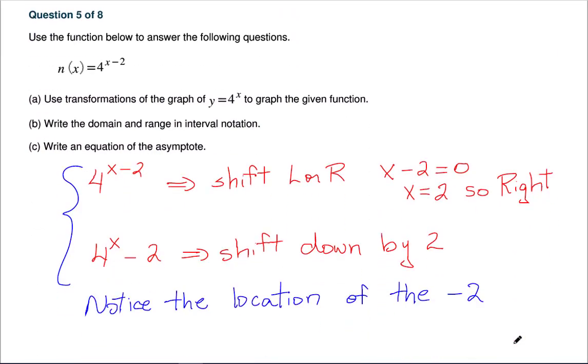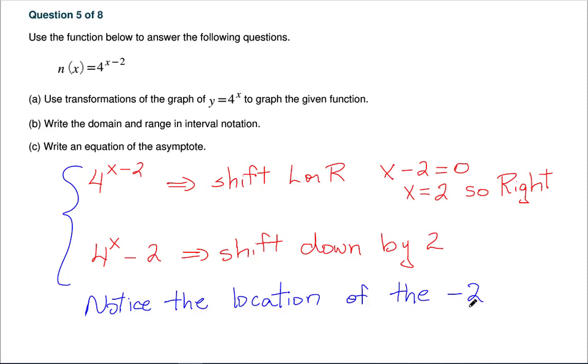Alright, in question 5 here, let's see. We have n of x is 4 to the x minus 2. Now notice there's a difference here between 4 to the x minus 2 and here 4 to the x minus 2. Where is this minus 2?